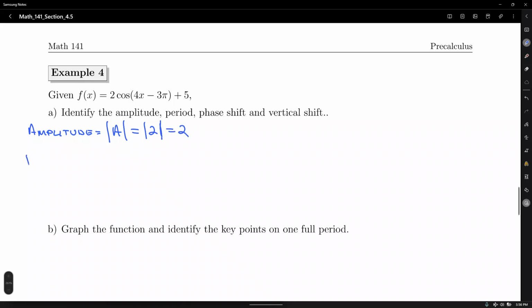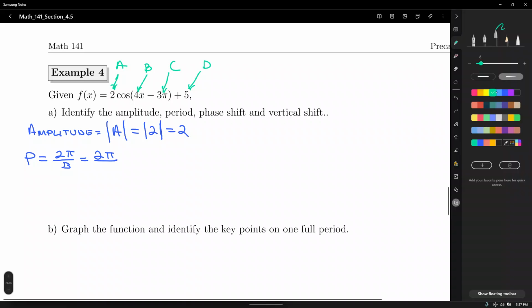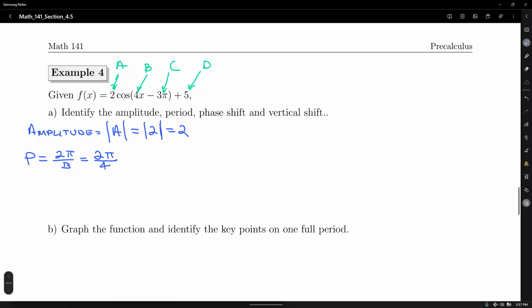And then the period, P, which is 2 pi divided by B, which is 2 pi divided by the value of B. Actually, it would be worth it if we label our numbers A, B, C, and D. So dividing by B, which is 4, that equals pi over 2.